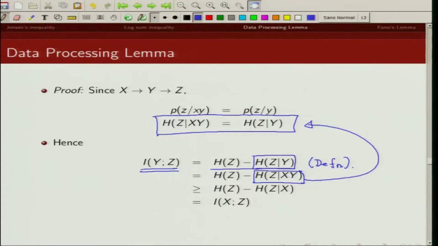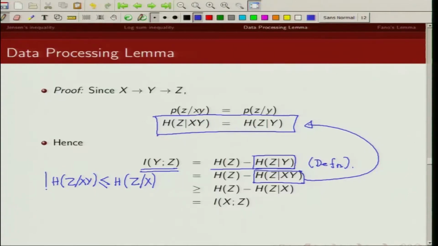Now I know that conditioning cannot increase entropy. So uncertainty in z given xy is less than or equal to uncertainty in z given x. This follows from the property that conditioning cannot increase entropy.